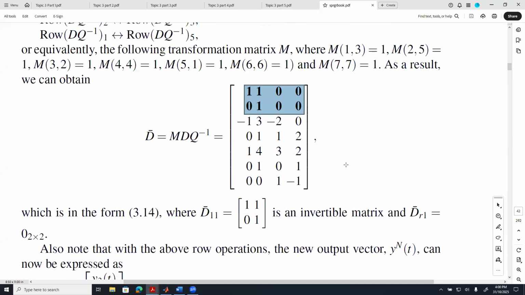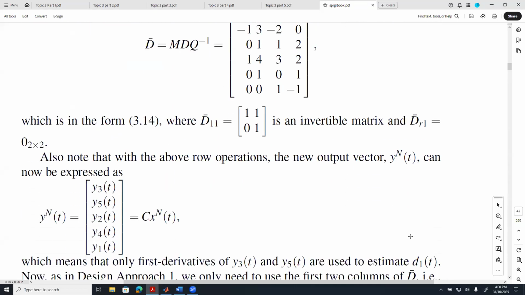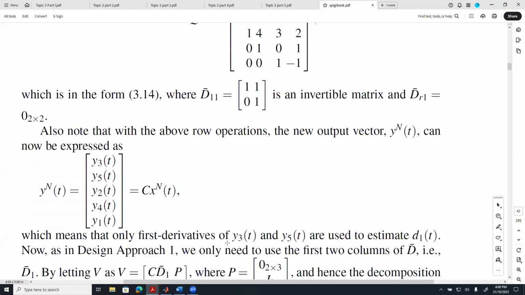that if in this form we're going to need only two output differentiators, and then the new output vector would basically be the measurement output number 3 and the measurement output number 5.